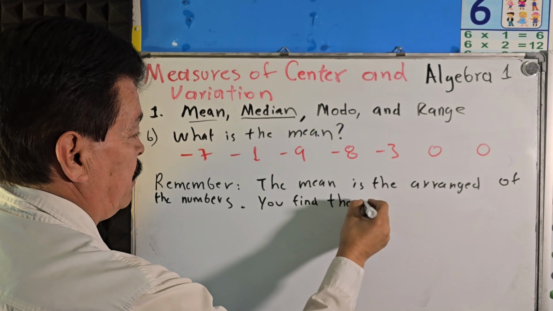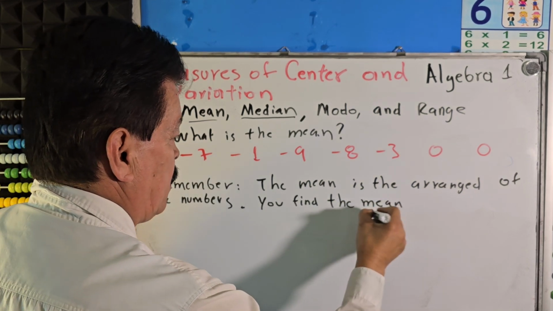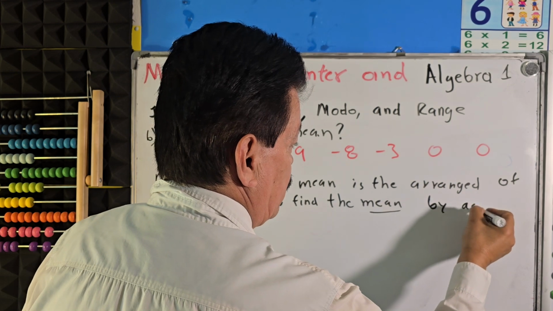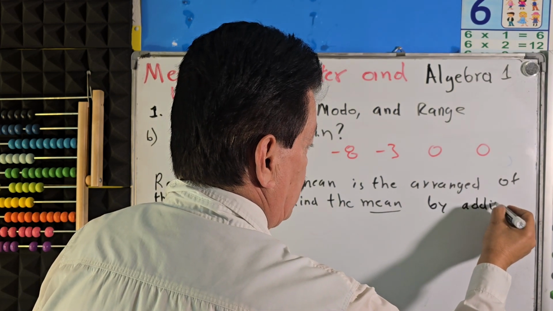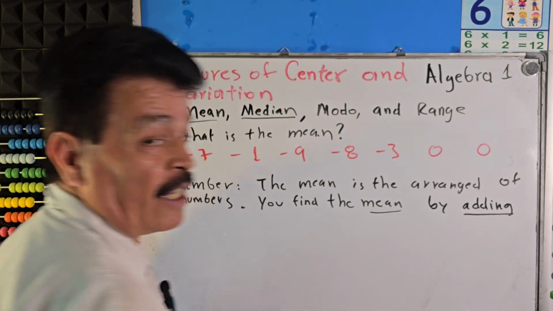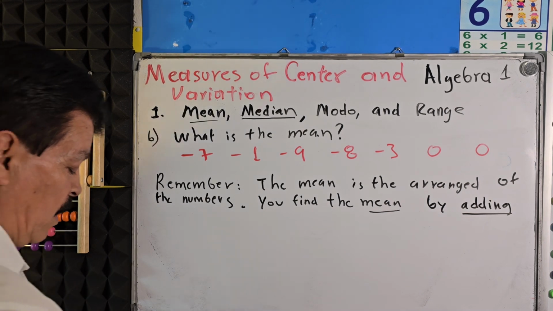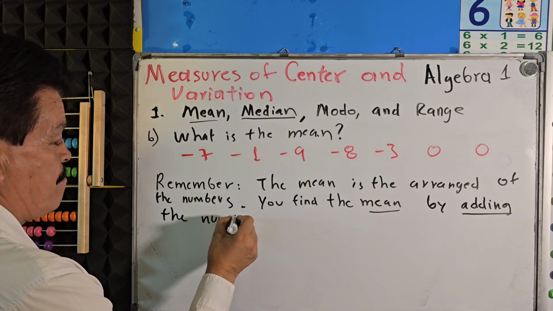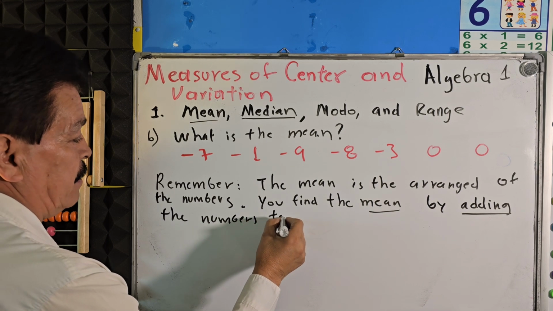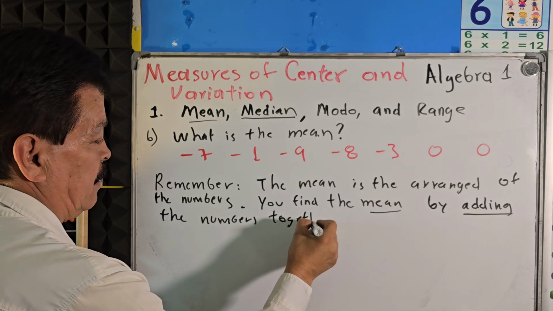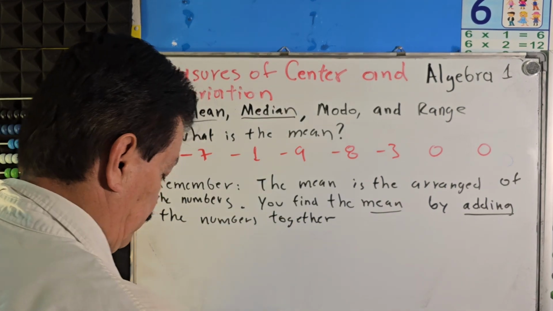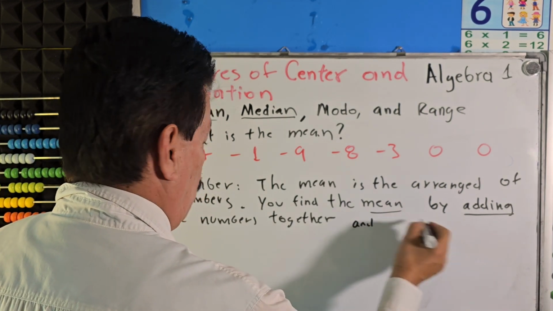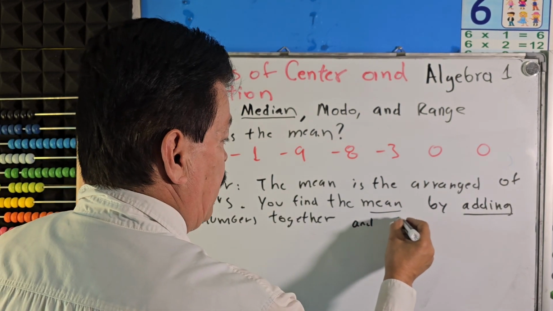How do you find the mean? By adding. This is very important: you have to add the numbers together, and then divide.